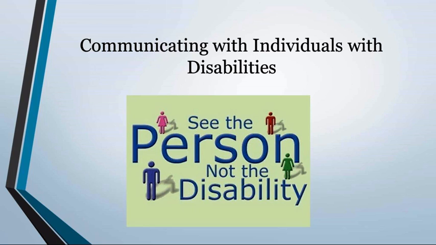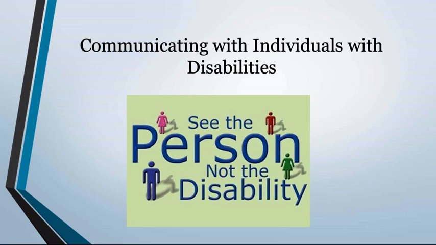So, some general guidelines provided by the North Dakota Center for Persons with Disabilities to go by when communicating with individuals with disabilities. You want to speak directly to the person. Offer to shake their hand. If a person is visually impaired, always introduce yourself.